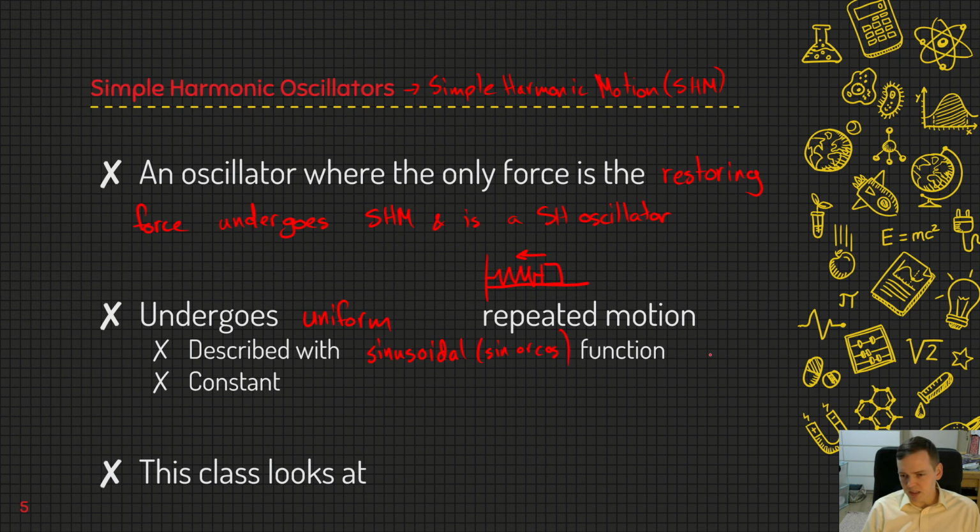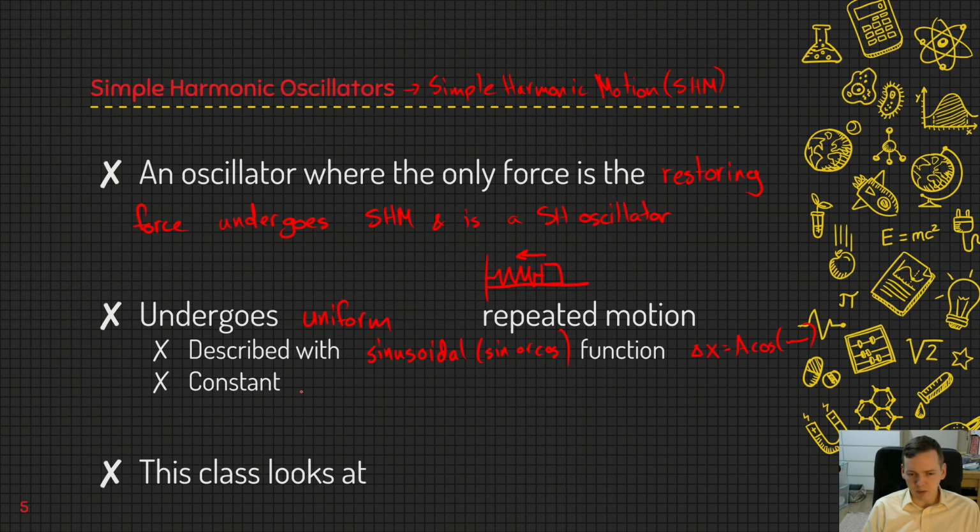So you'll have something that looks like this. Delta x equals A cosine, and then a bunch of stuff in here that we're not going to worry about. But you can see how you've got the amplitude, you've got the cosine, and because cosine goes between 1 and -1, you go between positive amplitude and negative amplitude.